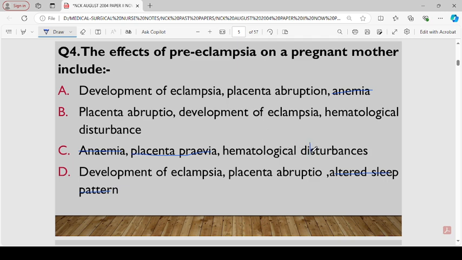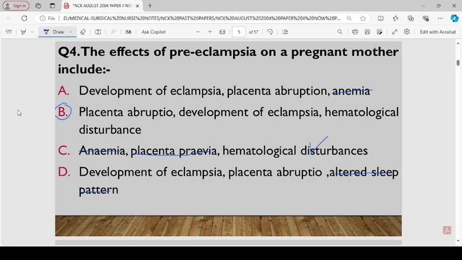So for hematological disturbances, that part is correct. But the first two options make this option wrong, right? So that leaves us with option B, placenta abruptio, development of preeclampsia, and hematological disturbances as the correct option here.